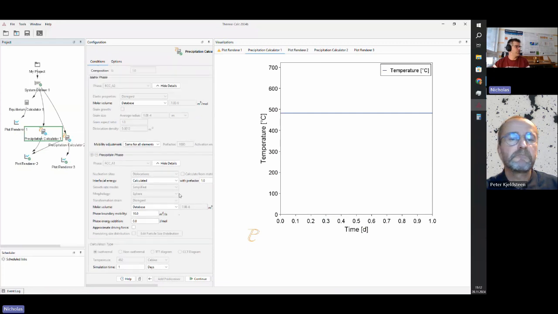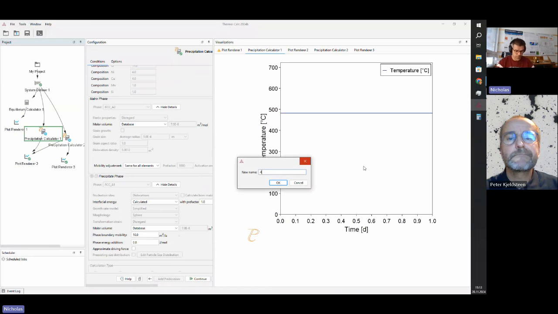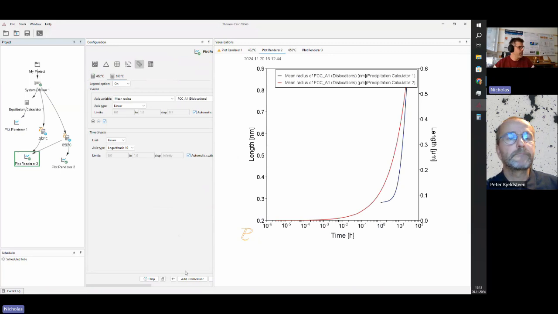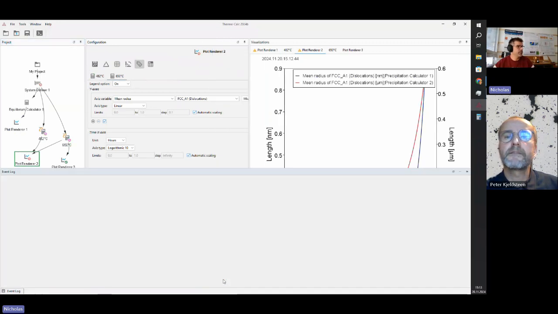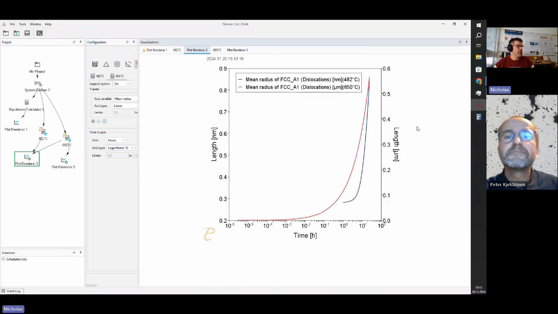You can also rename the calculators to 482 degrees Celsius. Yeah. And this one here to 650 degrees Celsius. Okay, and if I click perform again on the calculator, right? Then I've got the two results on top of each other.